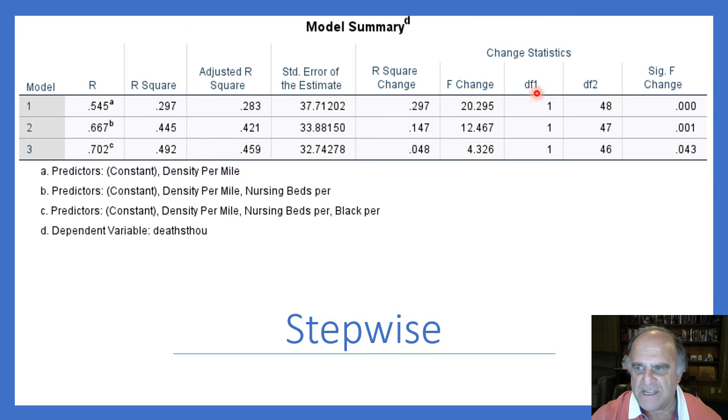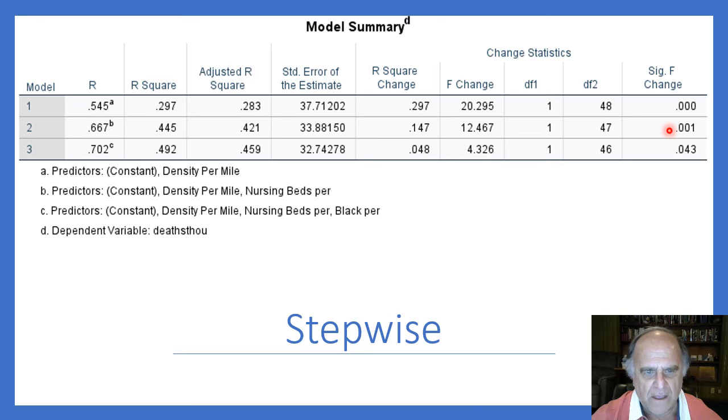And you can see that that does result in a significant F change, and it increases the R-squared to 0.297. Of course, that's compared to the initial R-squared of 0. You can see when we add in nursing beds per 100,000, the R-squared change is 0.147. Again, that's a significant R-squared change.